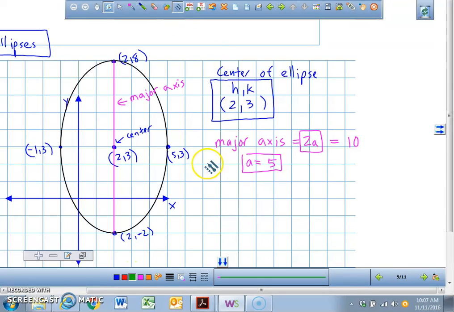Next thing I want you to do, I want you to draw another line segment going through the center. Now, in your journal, put a little arrow next to this green segment right here and label that your minor axis. That whole thing right there is your minor axis.